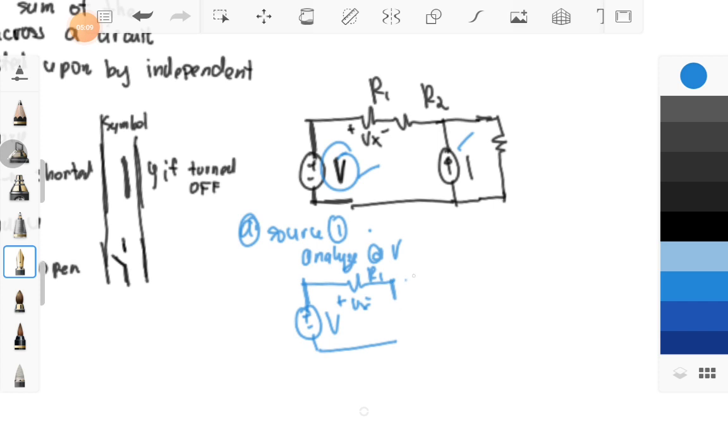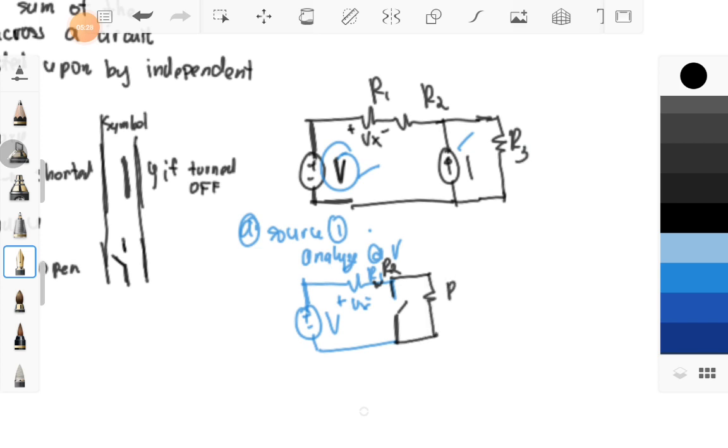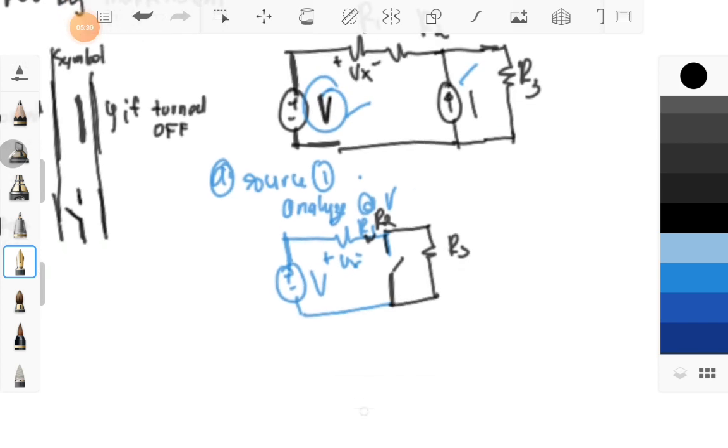And then take note that since yung V, yung ina-analyze natin, gagawin natin open yan. Since it is a current source, take note, pag current source, magiging open siya. And then this will be your R2 syempre, and then your R3, right? And then you will analyze the Vx with respect to this V.